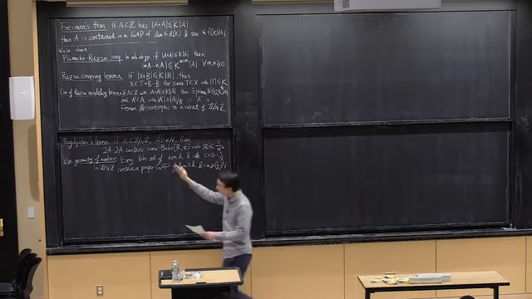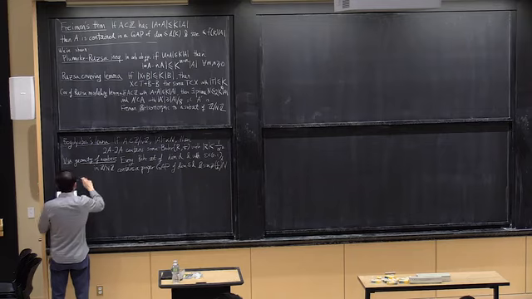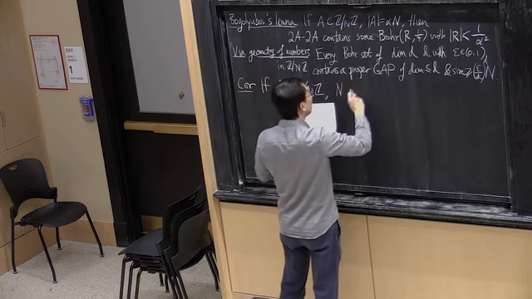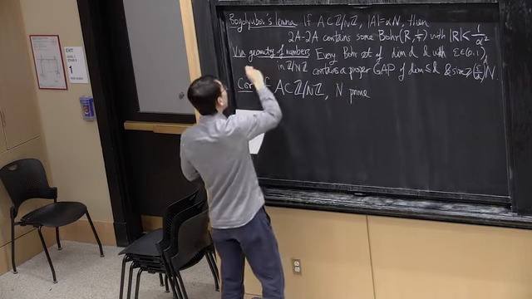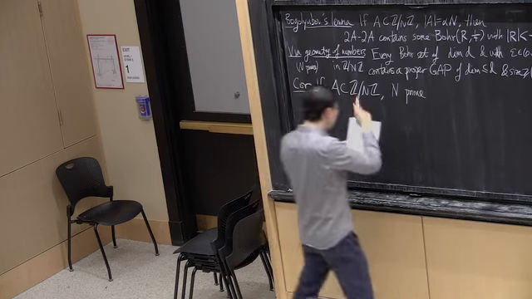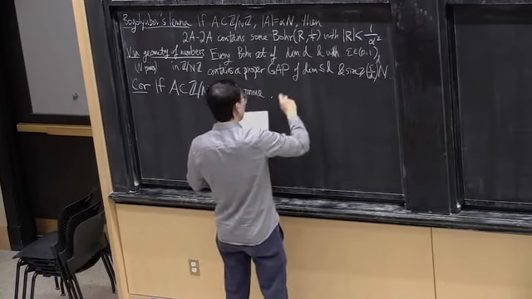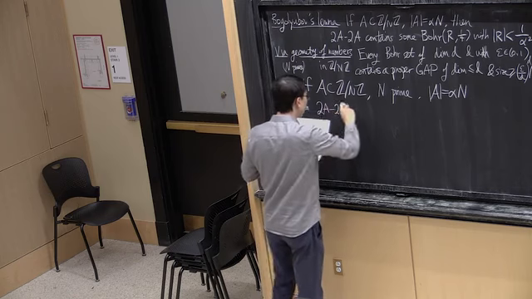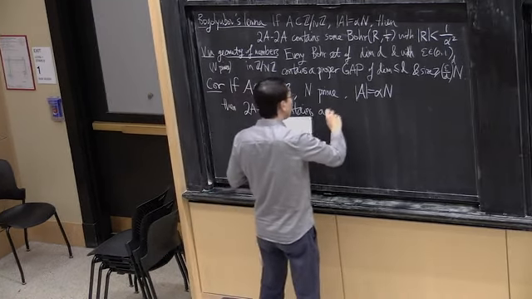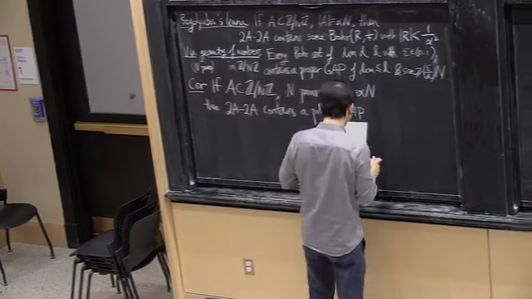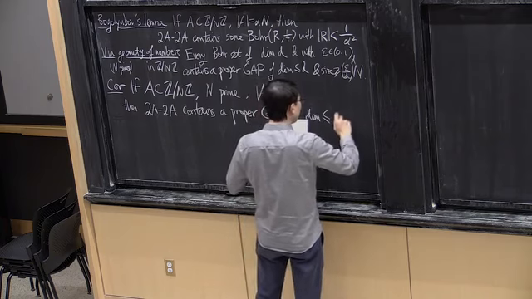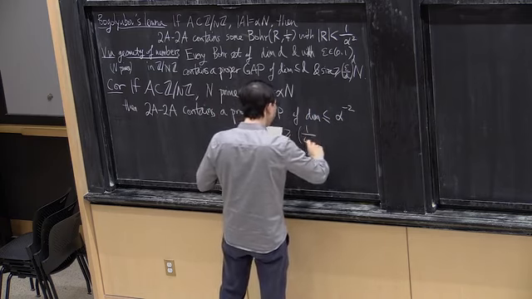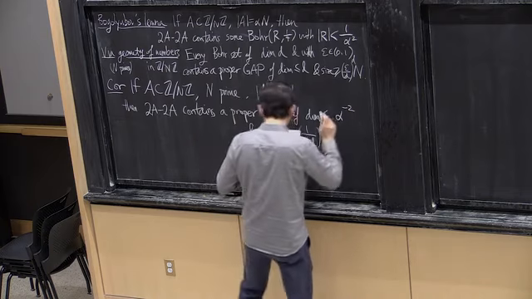Okay? So putting the last two things together, we obtain that if you have a subset of the cyclic group and n is prime, and A is pretty large, then 2A minus 2A contains a proper generalized arithmetic progression of dimension at most alpha to the minus 2 and size at least 1 over (4d)^d times n.